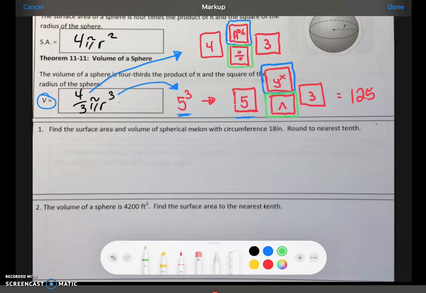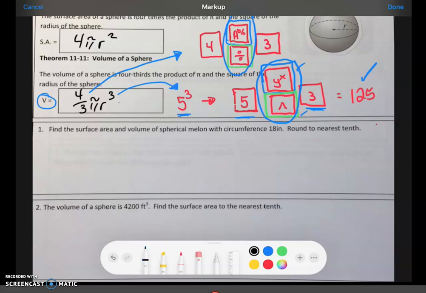After that, you punch in the number 3 if you're going to take it to the third power, and it should equal 125. If you don't have either one of these two buttons, you might have to go 5 times 5 times 5, 3 times. But you look for these buttons here: the ABC button for the fraction or division, the y to the x, or the upside down V, which is the exponent button.